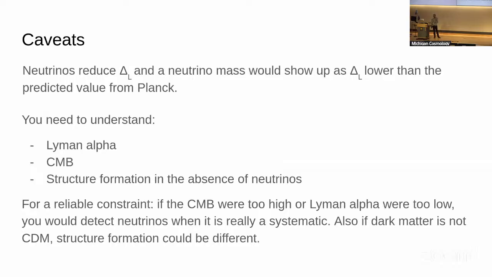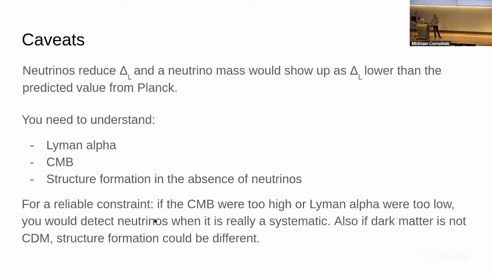Notice that we have to be just a little bit careful. Because we are comparing two experiments, a systematic in either one is going to mess with us. If we have understood Lyman alpha correctly, and the CMB correctly, and how structure formation works correctly, then we can compare the amplitude of the matter power spectrum from Lyman alpha to the amplitude from the CMB, and we can get a neutrino mass limit, assuming that dark matter is CDM.